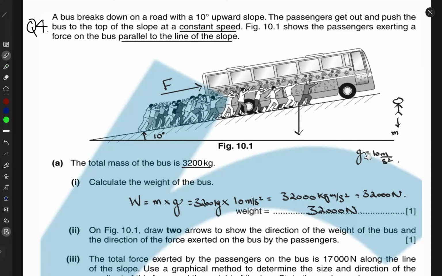This g really is the acceleration which is keeping you on the surface of the Earth. The less this value is, the easier it is for you to escape the surface of the Earth. So for example, on the Moon, this value is less than 10 meters per second squared. So if you would jump on the Moon, it would take some time to come back to the surface.